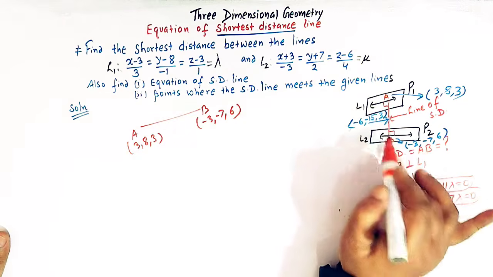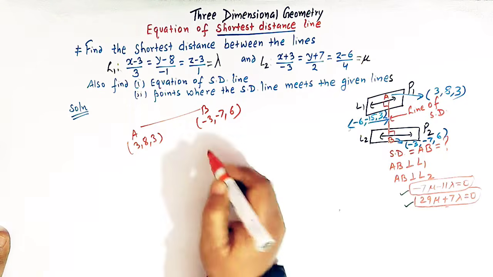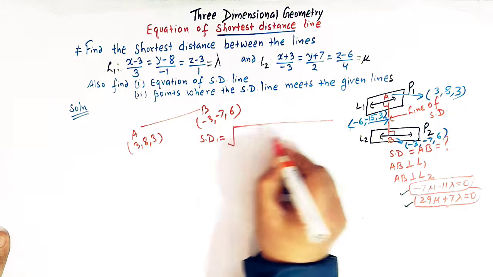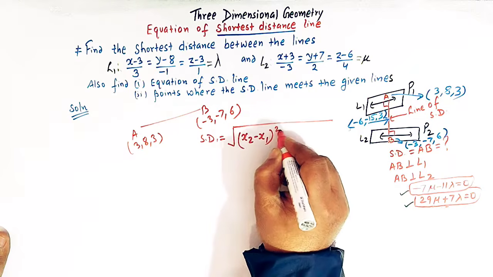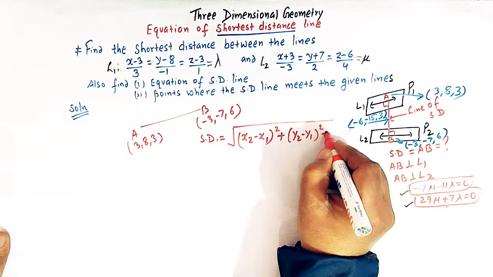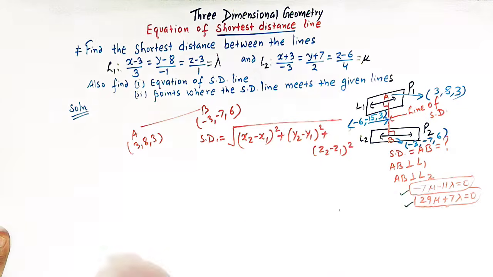So now the shortest distance between these two lines L1 and L2 can be calculated by using the distance formula in three-dimensional geometry, that is the square root of x2 minus x1 whole square, y2 minus y1 whole square, and z2 minus z1 whole square, right?